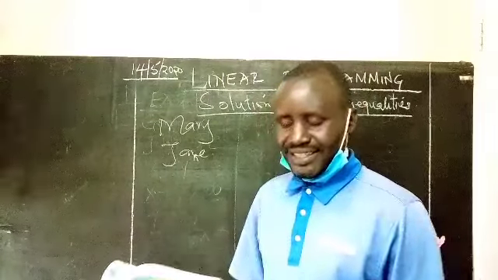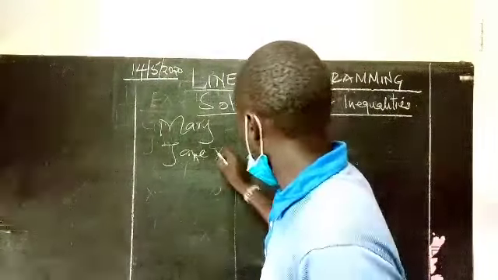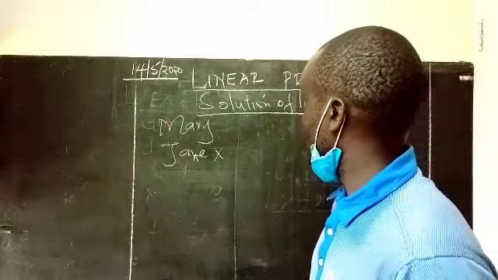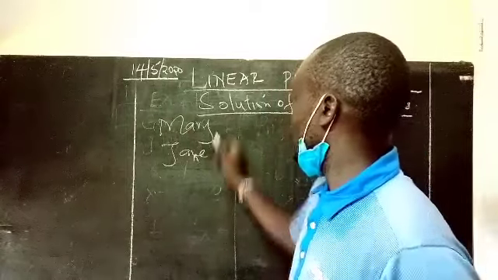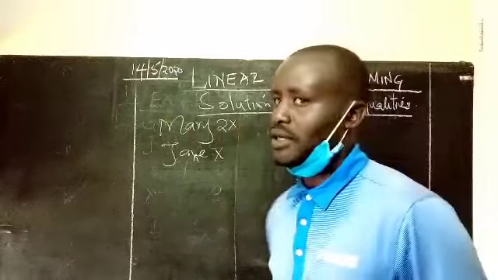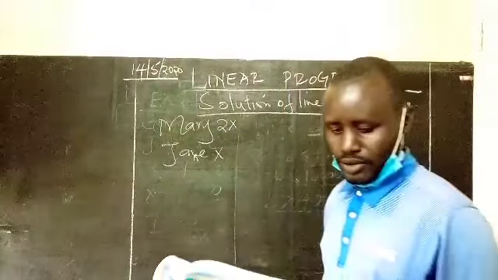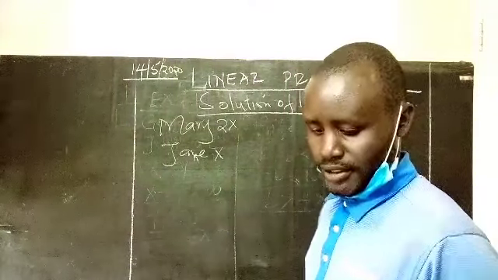Given that Jane is X years old, Jane is X, and we are told in the statement that Mary is twice as old as Jane, meaning Mary is going to give us 2x.